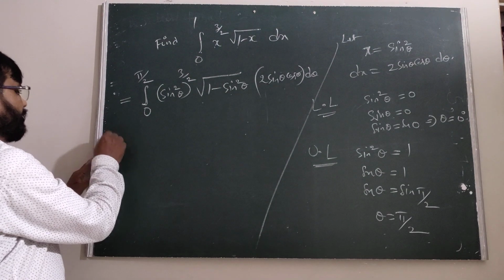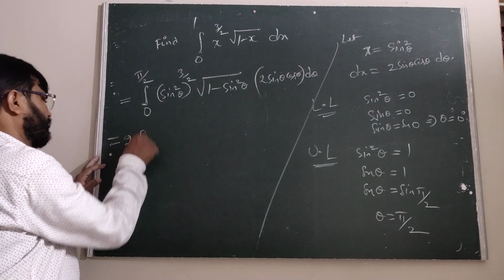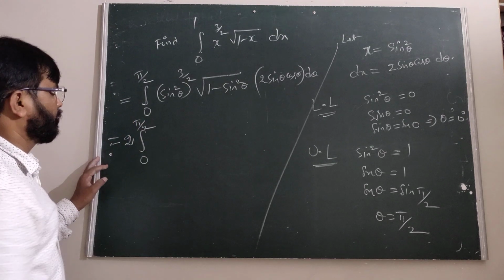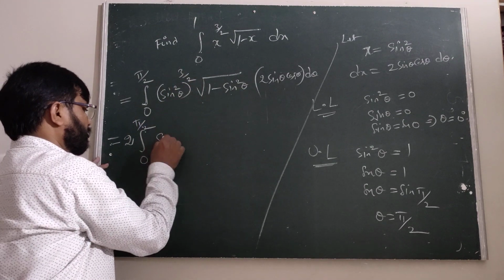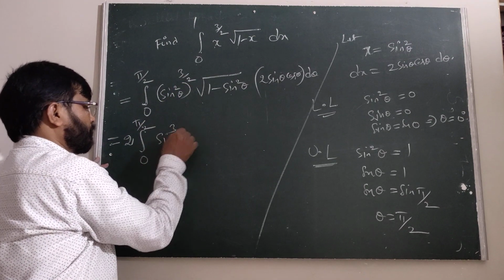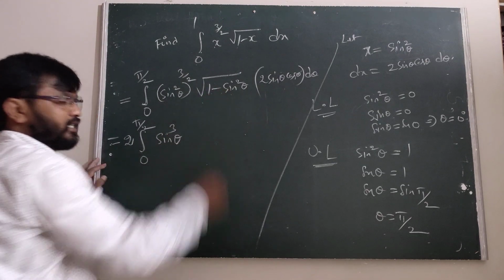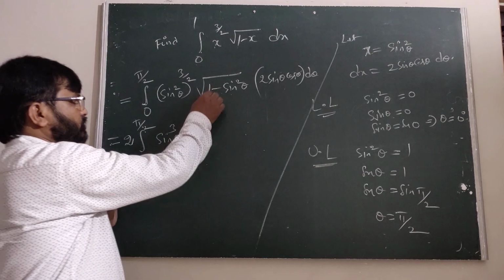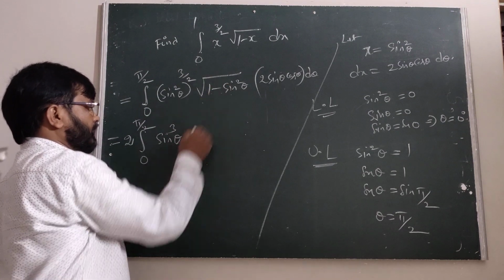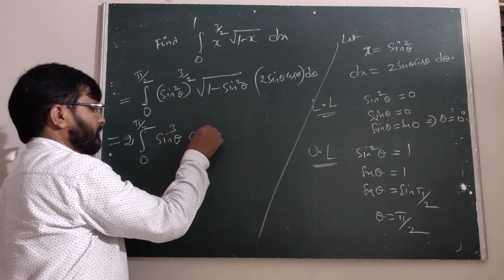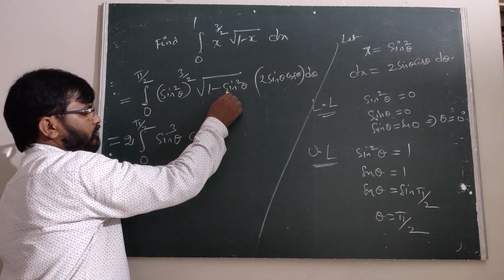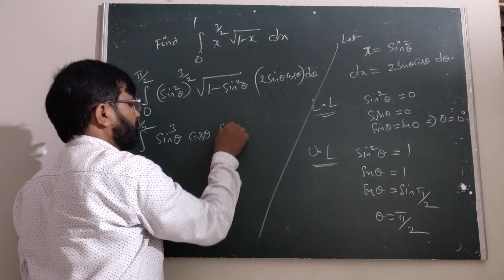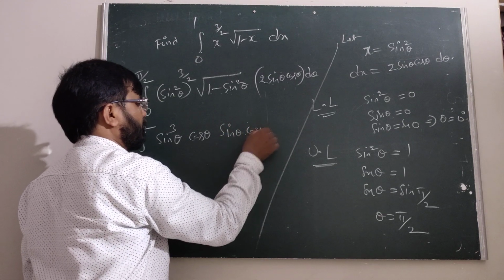Now we can write the constant at the beginning of the integral, from 0 to pi by 2, 2. This is sine cube theta. 1 minus sine square theta is cos square theta, and the square root cancels, so this is cos theta only. What remains is sine theta into cos theta.